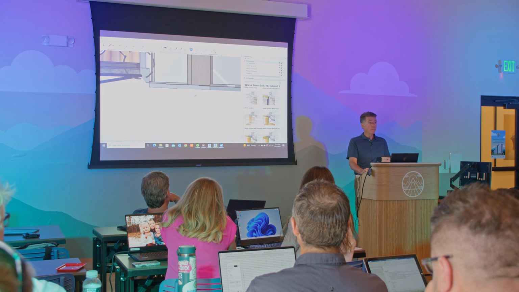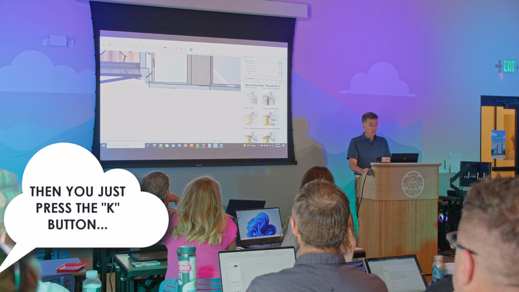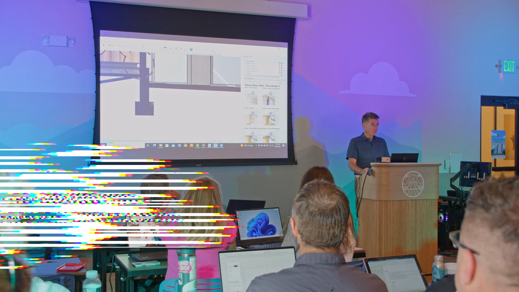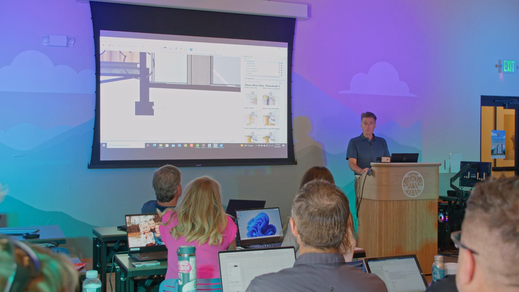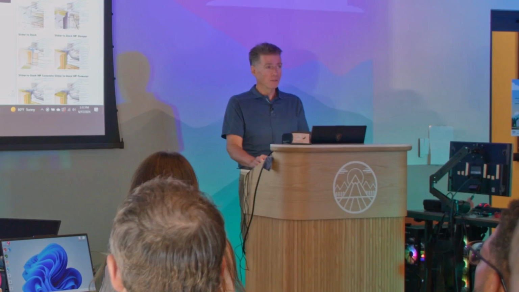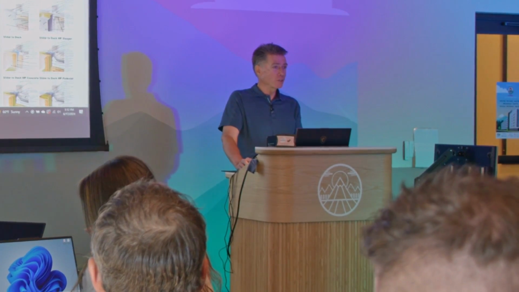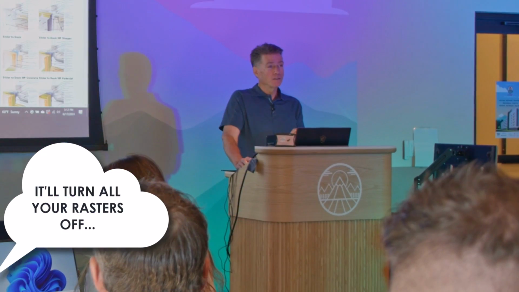And you going to show me something? I'm going to, the K button? Go into draft mode. This isn't 2024. So is that new for 2024? Yeah. So will draft mode change it to a raster? Really?